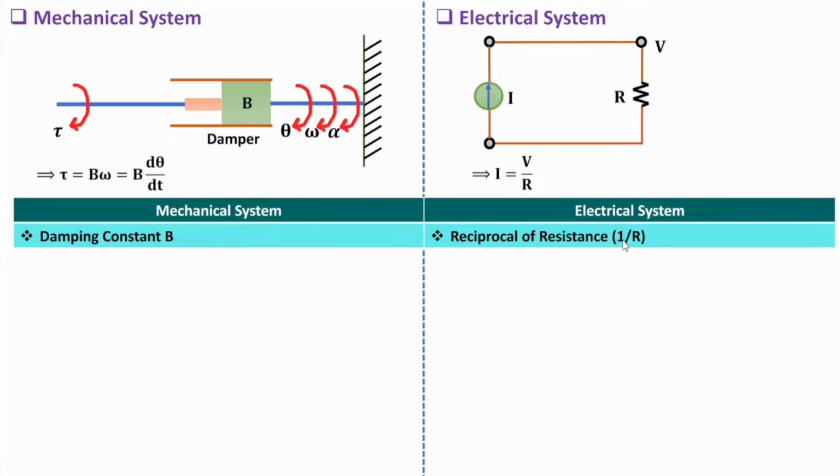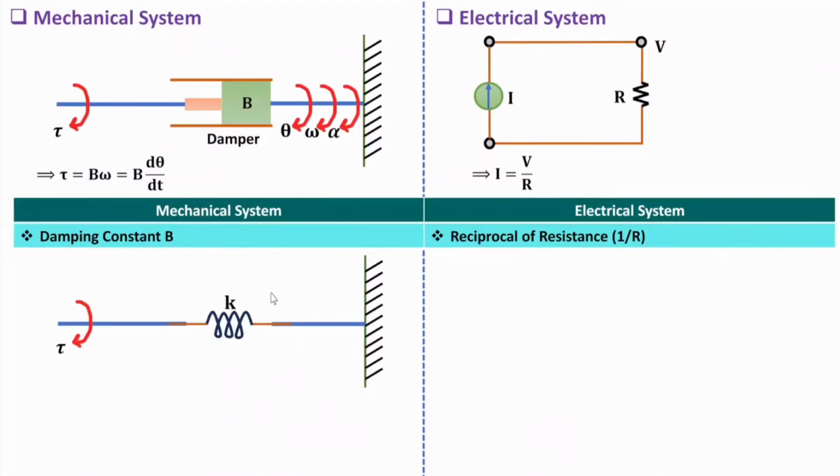Now let us consider the mechanical system as a spring which has constant K, and let us apply torque tau to this spring. Because of this torque tau, angular displacement is theta, angular velocity is omega, and angular acceleration is alpha. So what is the value of this torque?